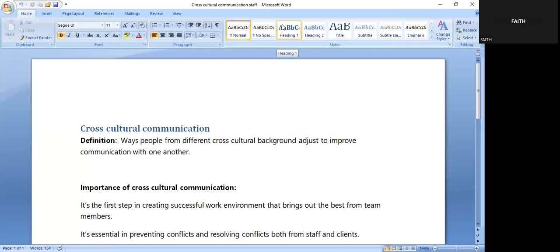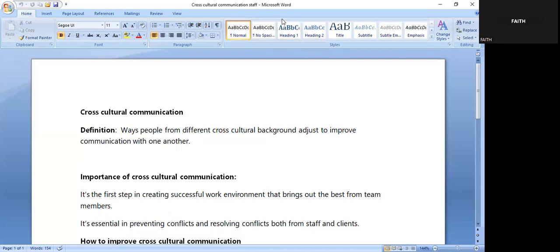Number one, it is a step in creating successful work environments that bring out the best from team members.